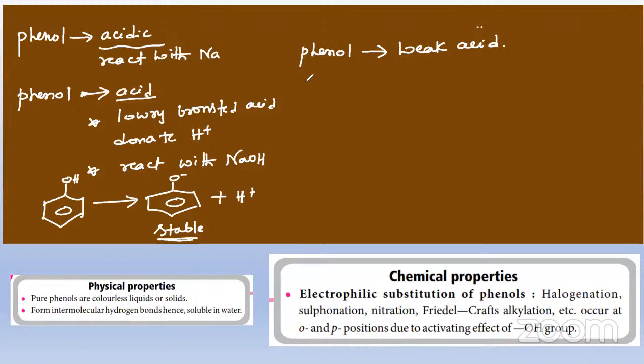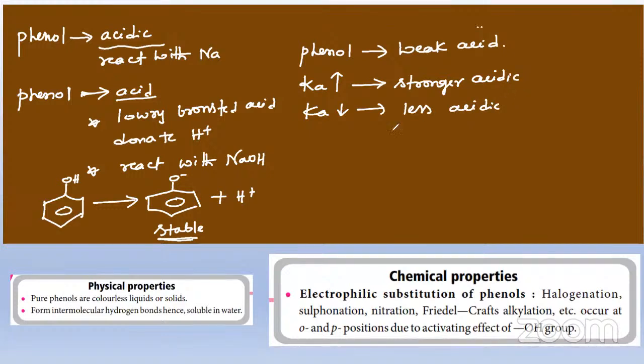And usually weak acids are measured by Ka values. What is Ka? The dissociation constant of acids. If Ka is more, that means a stronger acid. If Ka is less, the acidic nature is less. Very, very important.